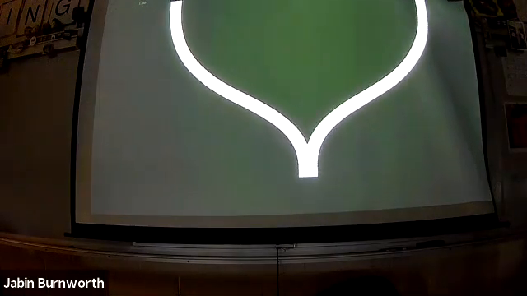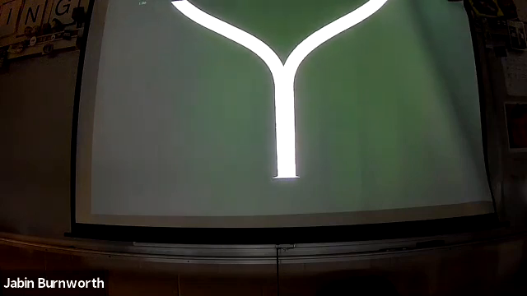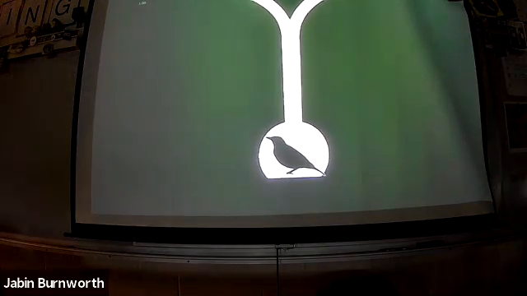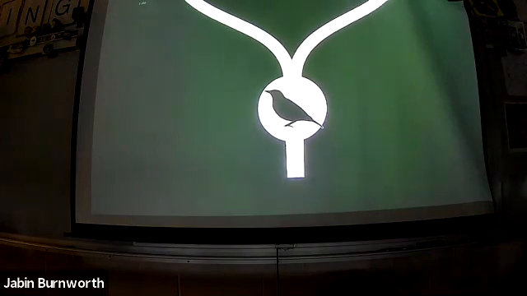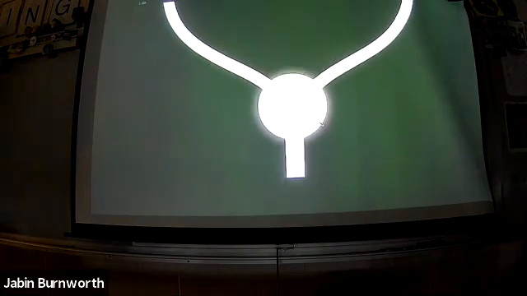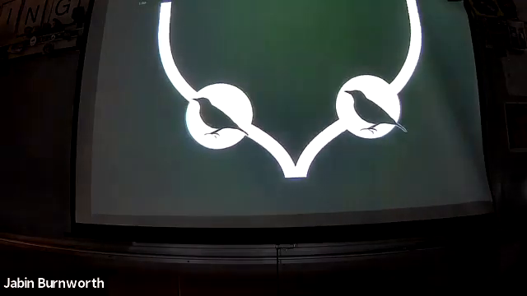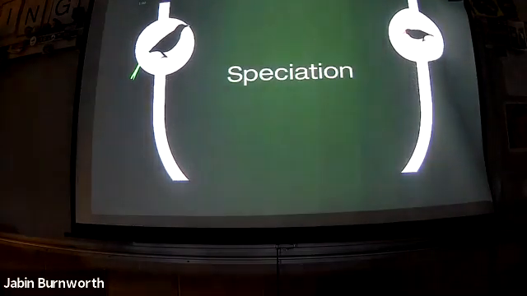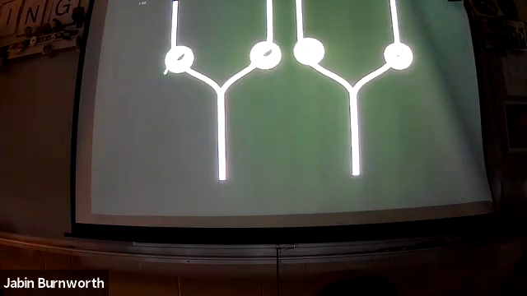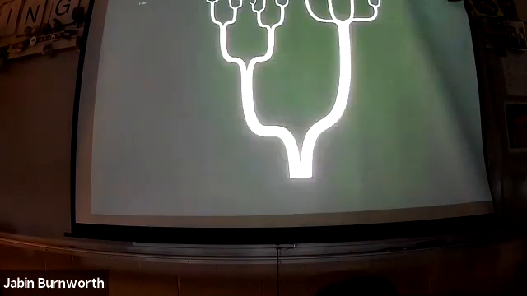If we travel along a branch back in time, you come to common ancestors of species when two branches come together. Now let's roll time forward instead. This split point represents the evolutionary moment when a common ancestor species diverged into two distinct species, a process called speciation. As time goes on, you get more splitting, more species, and more biodiversity, until you get a tree that looks something like this.